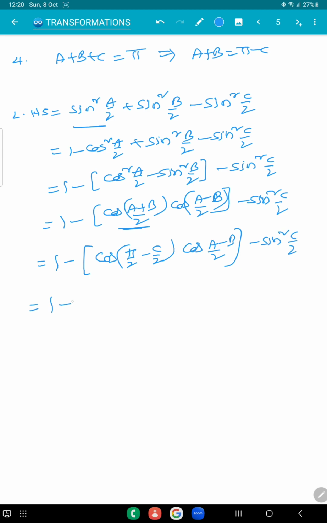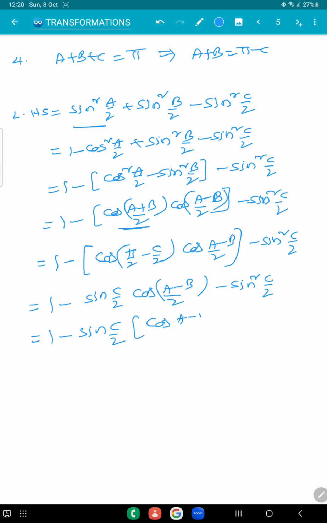So that is equal to 1 minus, cos (pi by 2 minus c by 2) is sine c by 2, cos of (a minus b) by 2, minus sine square c by 2. So can we bring anything common in this one? Sine c by 2 common, cos (a minus b) by 2, minus common in that it becomes plus sine c by 2.